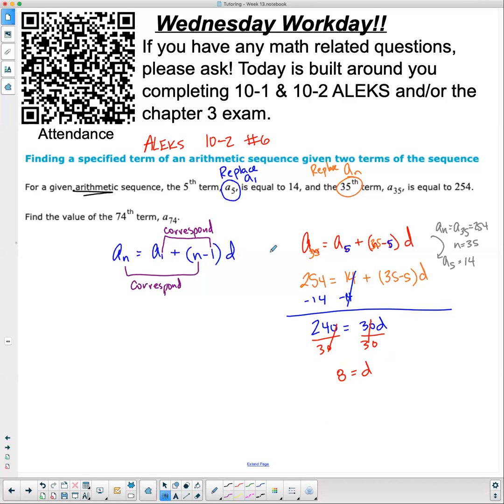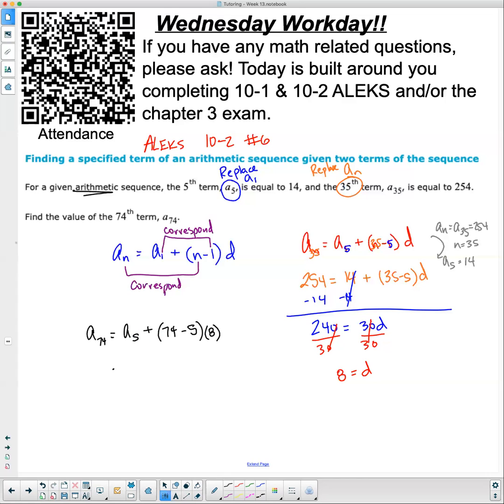So now that I know that, I can come back and solve for the 74th term. I'm now going to do this all over again, but I'm going to set this to be A n. So I'm going to basically use the same problem, but this time I'm going to say A74 would equal A5 here. I'll write it out first by formula so you can see what I'm doing. And the common difference is 8. Now you could put the 35th term here, and it would still give you the same answer.